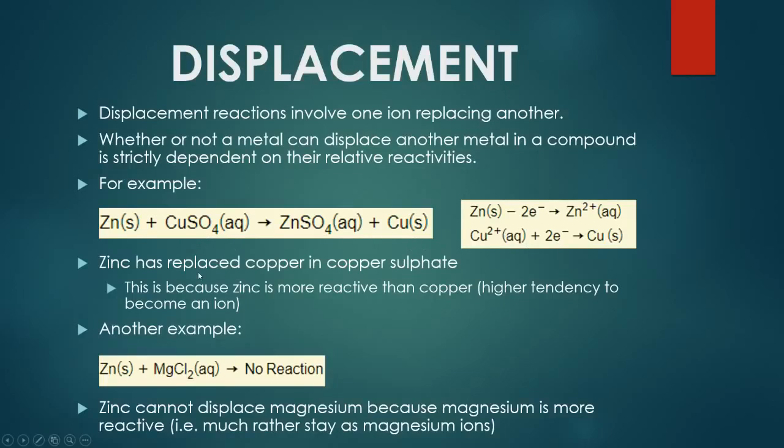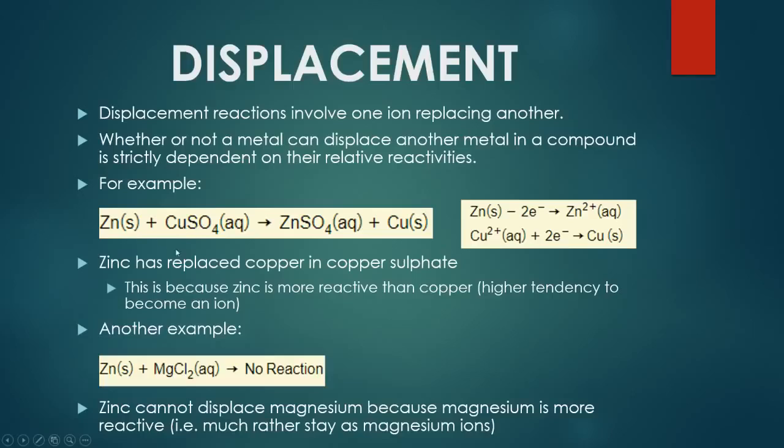So basically zinc has replaced copper in copper sulfate, and this was possible because zinc is more reactive than copper, and reactivity-wise, zinc has a higher tendency to become an ion. Zinc would much rather be an ion in this scenario, and copper would much prefer to become an elemental metal rather than an ion.